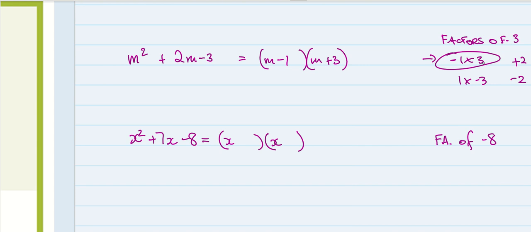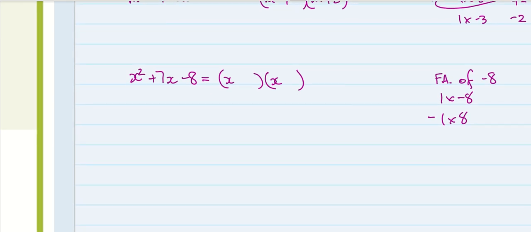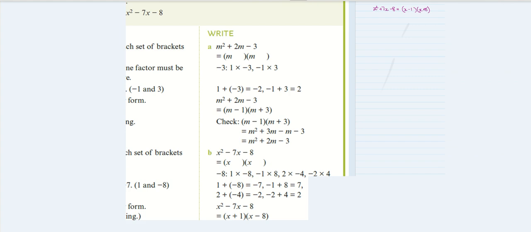I've got 1 times negative 8, or negative 1 times 8. I've also got 2 times negative 4 and negative 2 times 4. Now let's see, if I add those two, they become negative 7. We want a positive 7, so it's got to be this one here. So it's got to be a negative 1 and an 8. There we go.